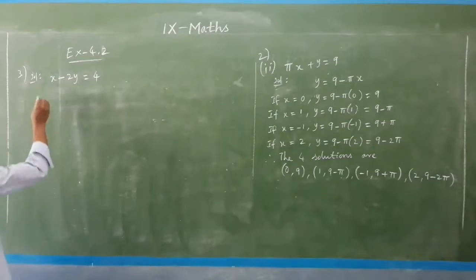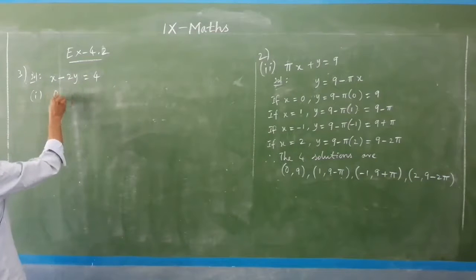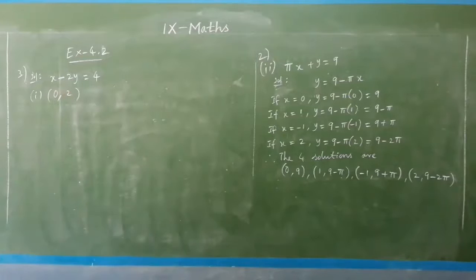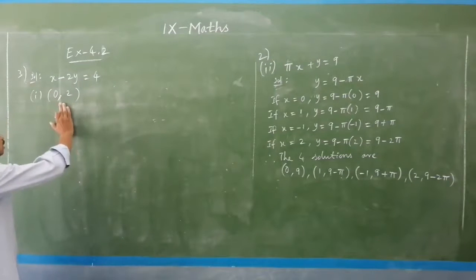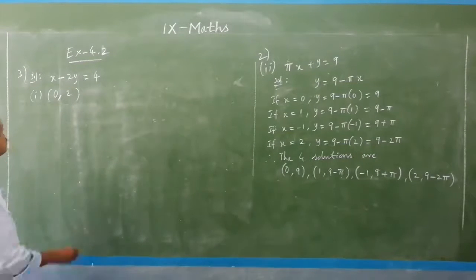First option, we are given 0 comma 2. This is one point given, and you have to substitute this point in this equation, and if it satisfies, then we can say this point 0 comma 2 is a solution, otherwise not.